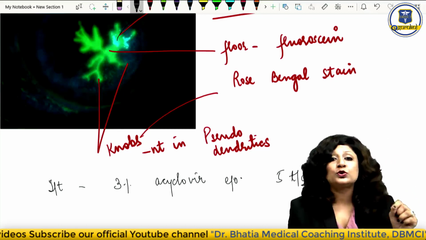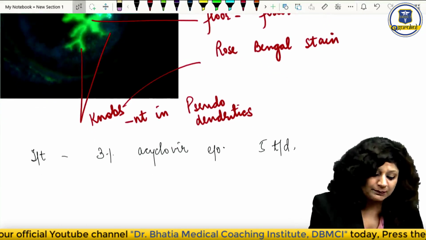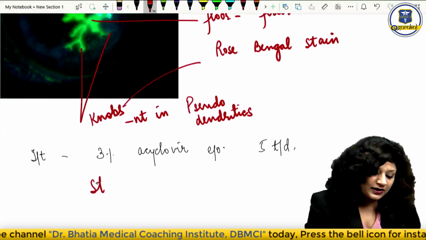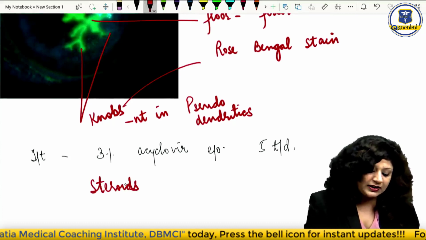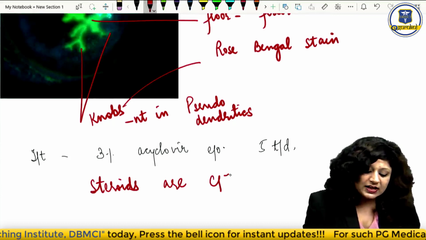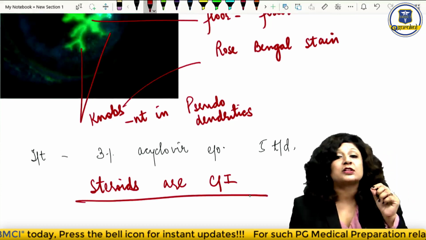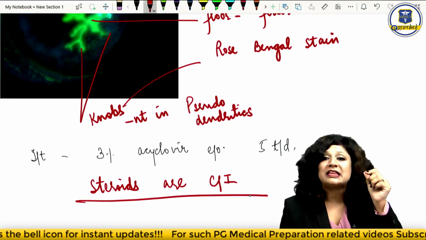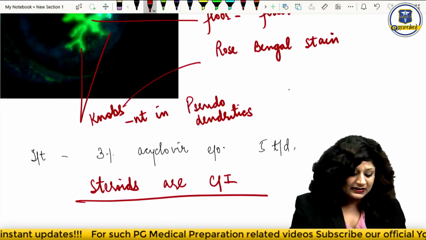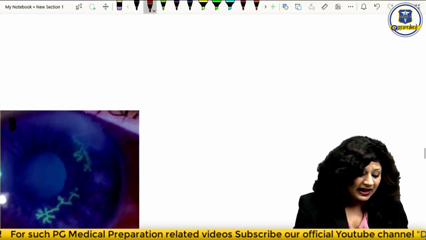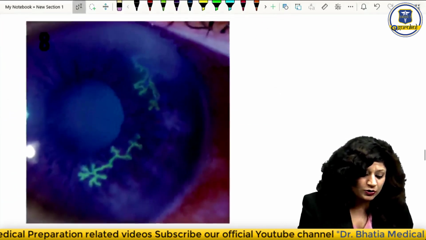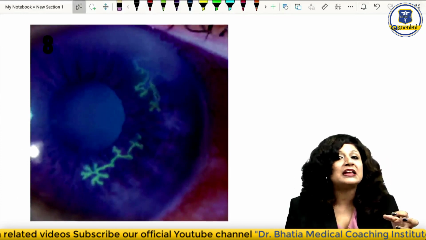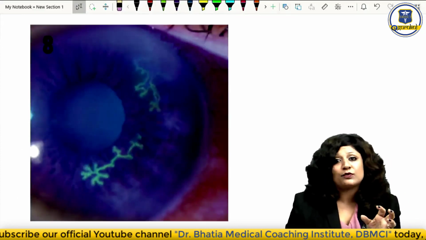Now, what you should not give here is again very important. Steroids are contraindicated, because if you give steroids in the dendritic phase, it can actually lead to enhancement. See, this is also a dendritic ulcer. Again, tree-like arborizing pattern along with the knobs.